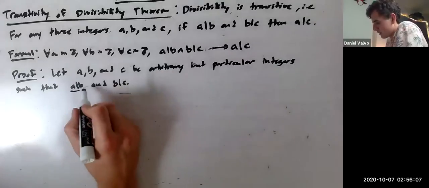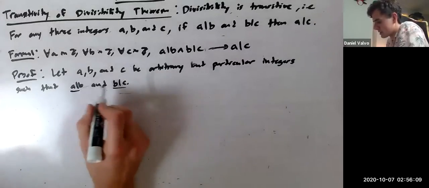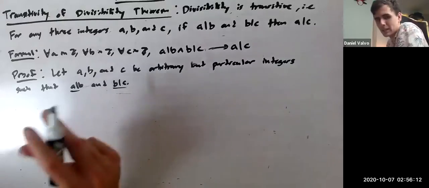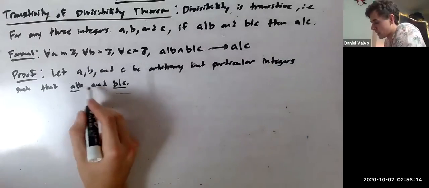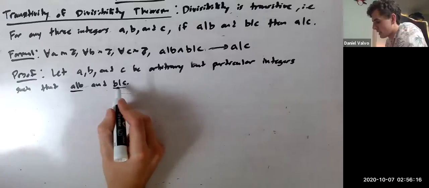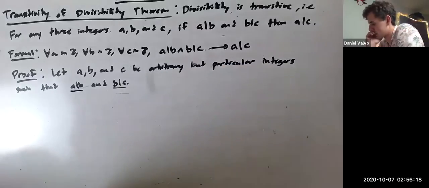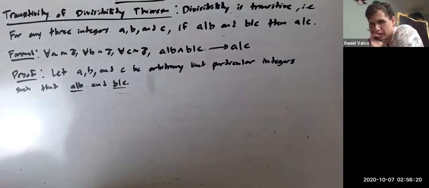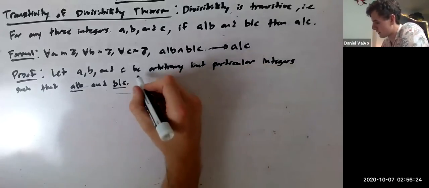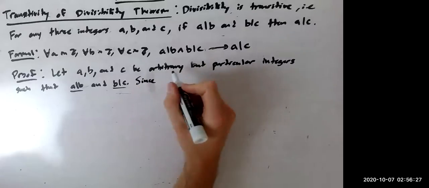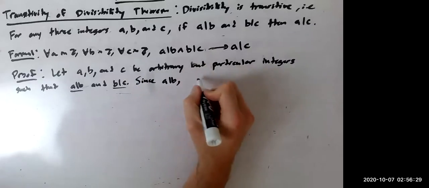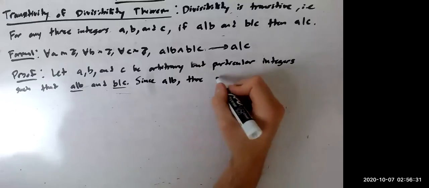So we have this right here. And then what can we do with these guys? Labeling them like this isn't necessarily that useful by itself, but what do these actually mean under the hood? We just use the definition of divides.